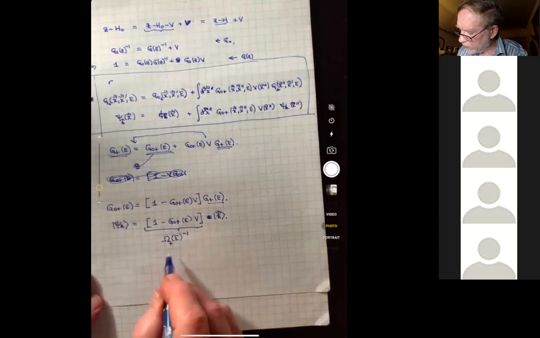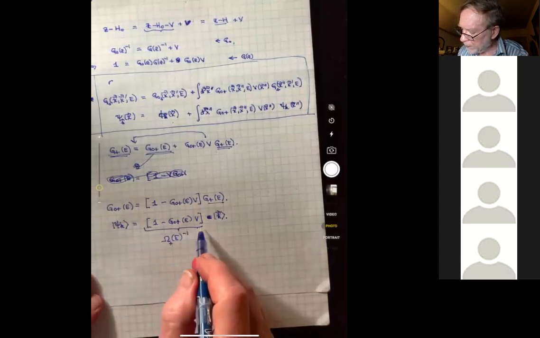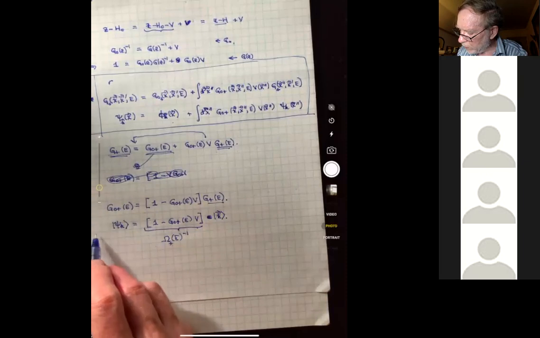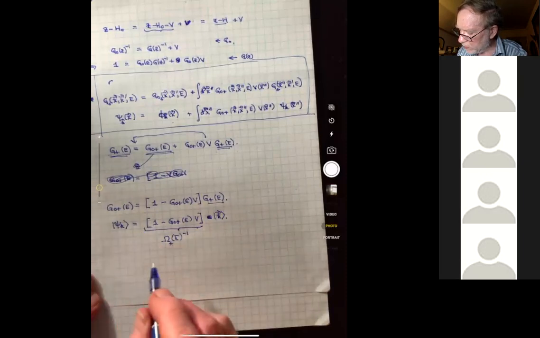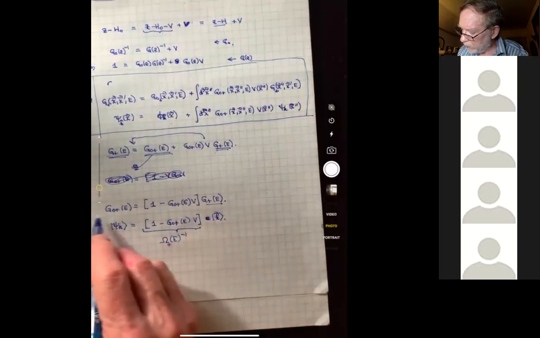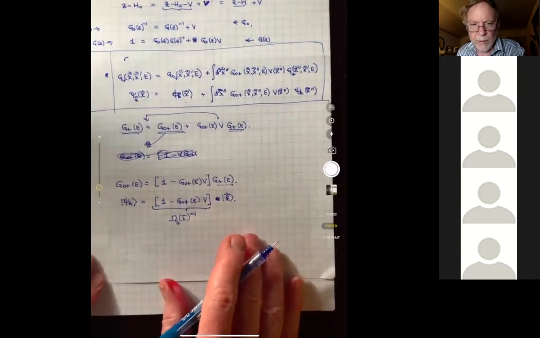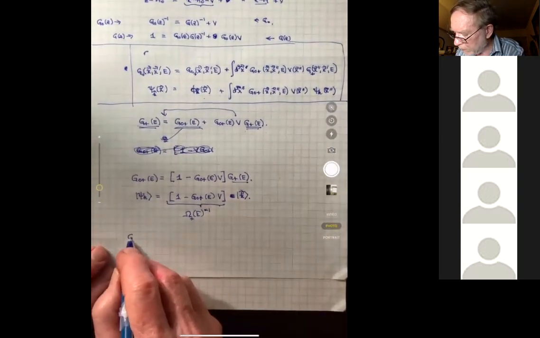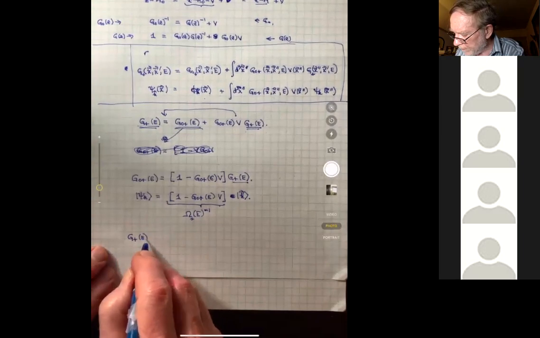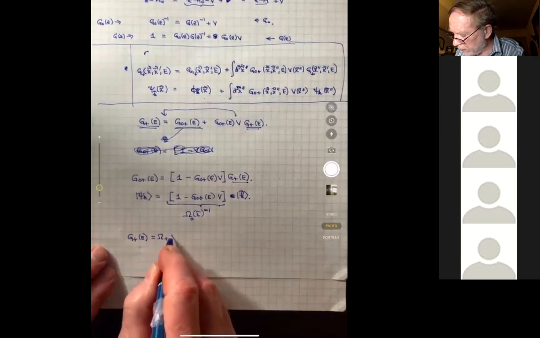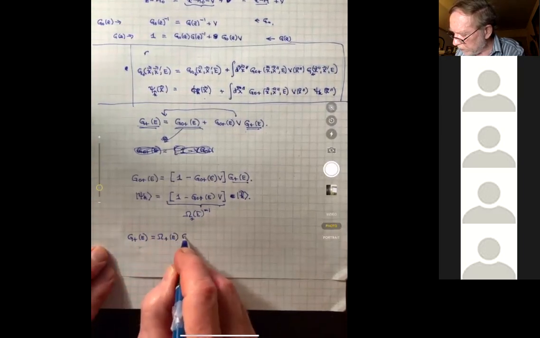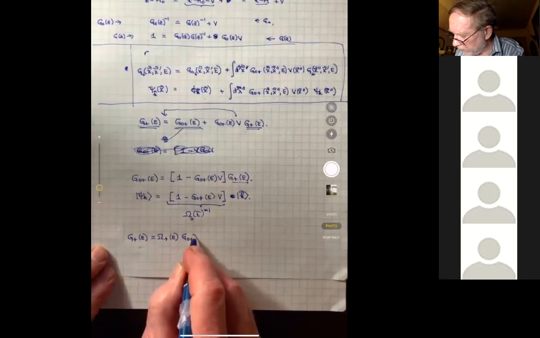This is, by definition, the inverse of the Muller operator. So inverting that, bringing it over to the other side, we multiply this out and obtain the Born series. If we do the same thing with the Green's function equation, we have the exact Green's operator G plus of E is equal to omega plus of E multiplied times G0 plus of E.